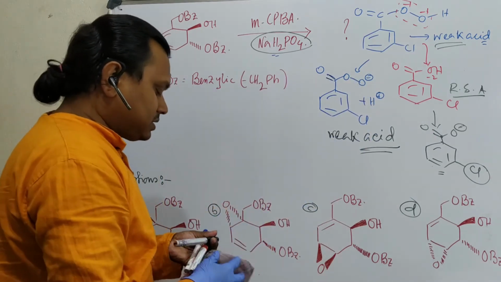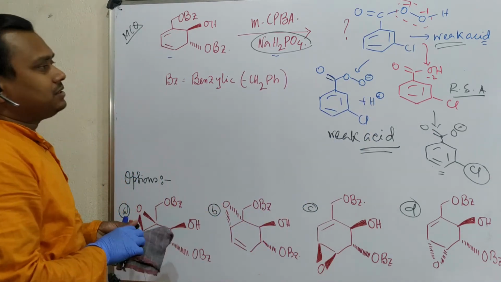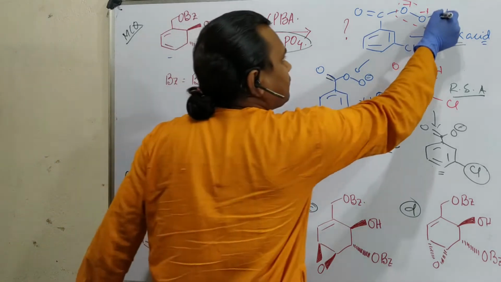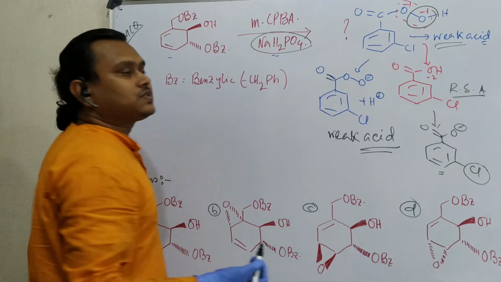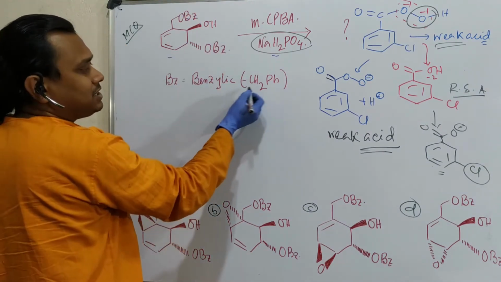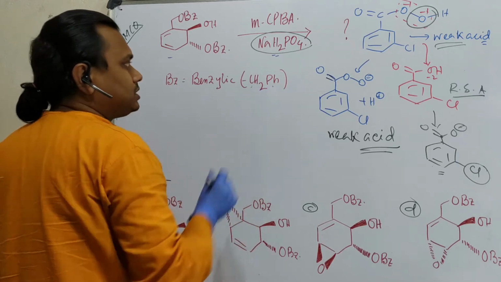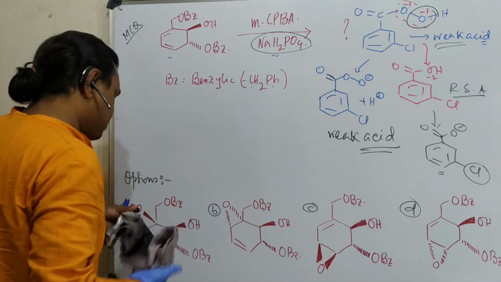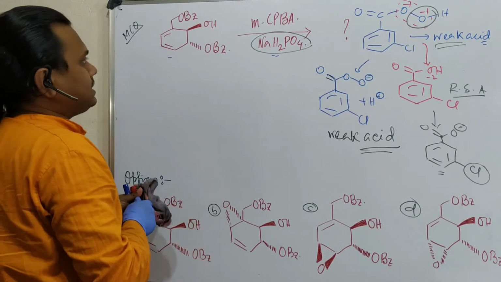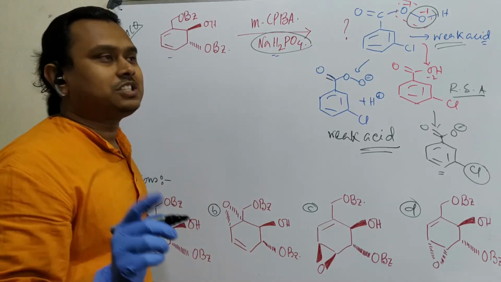From this much discussion you understood that this is an oxidation reaction. And what happens is that this oxygen is transferred to someone else. Now question, in this case I have written two places benzylic. Benzylic means CH2Ph. Just remember. Now let's draw the mechanism properly. This is an epoxidation reagent.